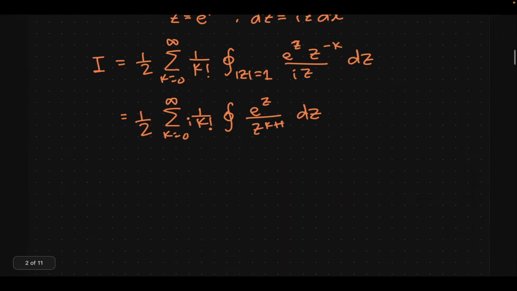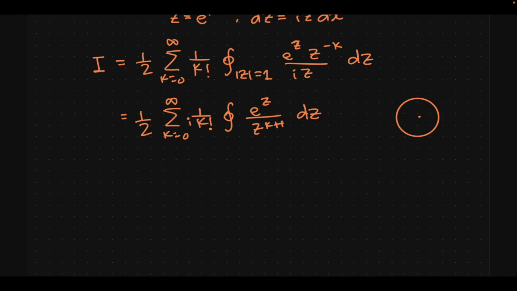Well, we actually have a contour which is a unit circle, and complex analysis says that the integral is just 2 pi i times the sum of the residues of the integrand at its poles.